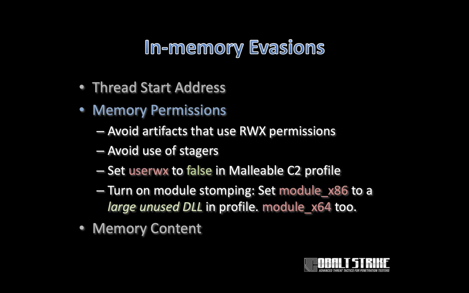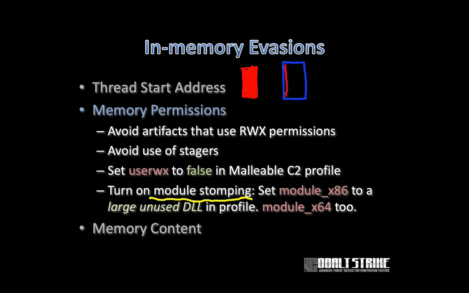One really cool option for memory permissions is module stomping. And this does require some explanation. Normally, your Beacon reflective loader package is running somewhere in memory, and its first task is to allocate new memory for the final Beacon DLL to live in.